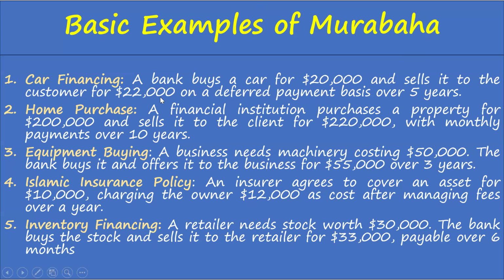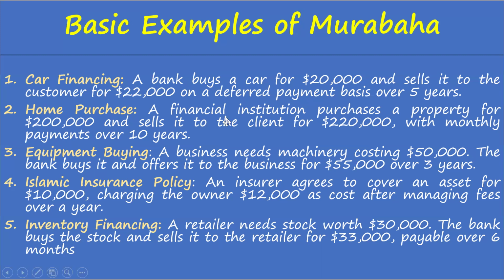This 22 is not interest, because even before the transaction, the bank is going to disclose to the buyer, this is the car, I bought it for 20, but I'm going to sell it to you for 22, and you'll have to pay for a given period of time.